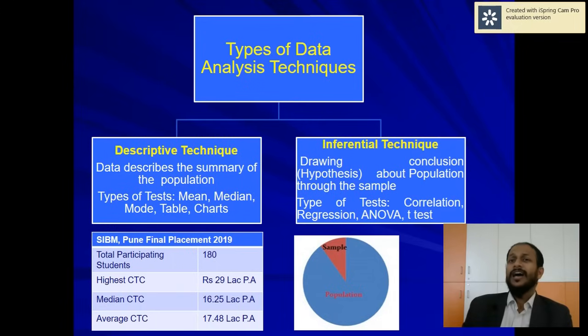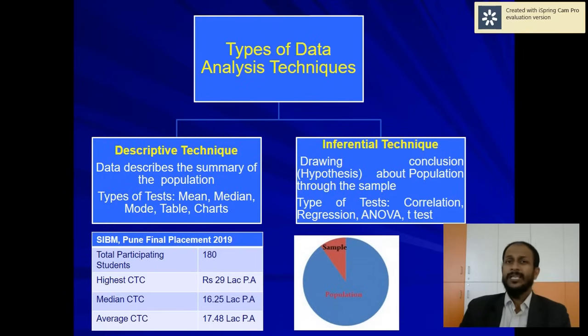We can use a statistical technique or statistical test like mean, median, mode, charts, tables, all these things come under this classification of descriptive techniques. Here, we don't take any particular sample of the population, but we take each and every unit of the population. Here we take a complete data set of the population and we give the entire characteristics of the population through the data that we have obtained.